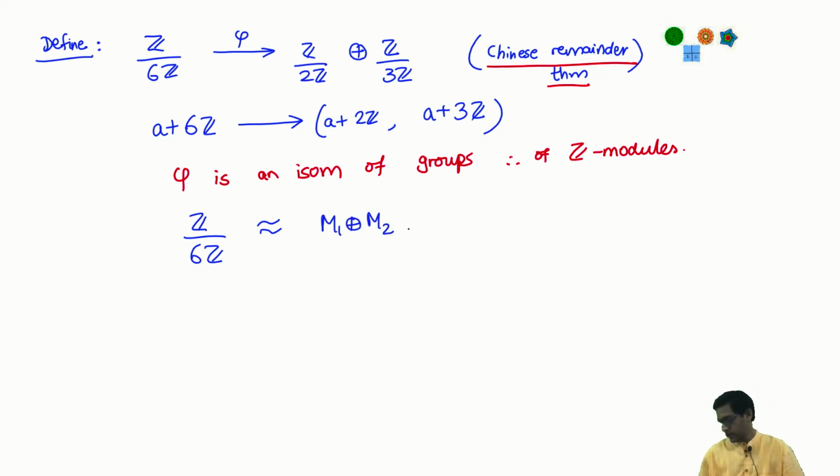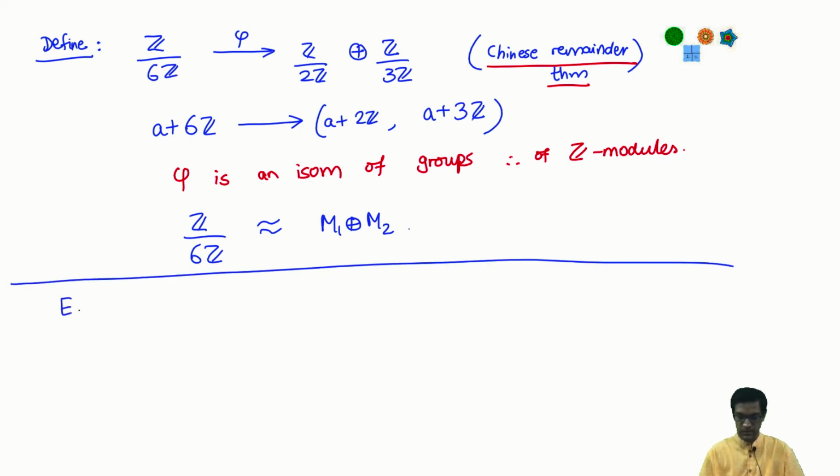Okay, now let's do another example. This is not an example with Z-modules; here's a sort of general example. If R is any ring, recall you can think of R as a module over itself by left multiplication.